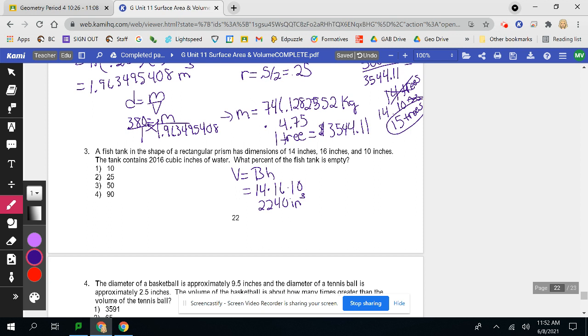Since I know there's 2016 cubic inches, to find out the empty space, I do 2240 minus 2016, which gives me 224 cubic inches. And they want the percent. So I do 224 over the total, which is 2240. And that's 0.1, so 10%. So it's choice 1.